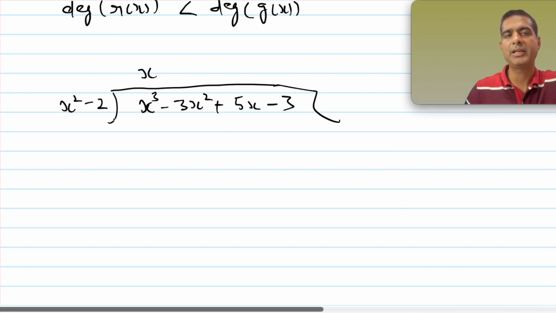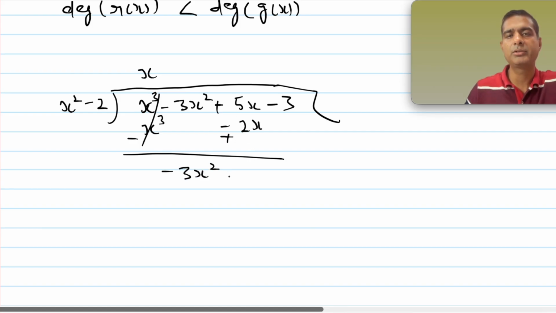So we will multiply by x, so it becomes x cube, and minus 2 times x is minus 2x. So I will write it with the like term, and we have to subtract. So we know while subtracting we have to change the signs. So this will cancel out and it becomes minus 3x square plus 5x plus 2x, that is 7x, minus 3.